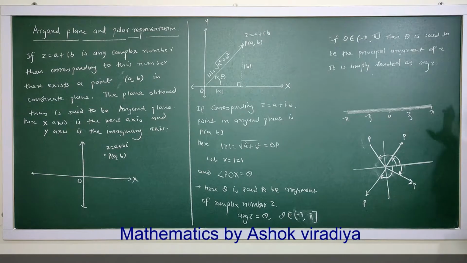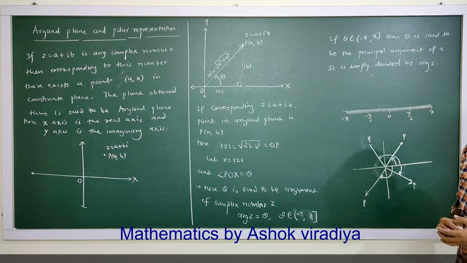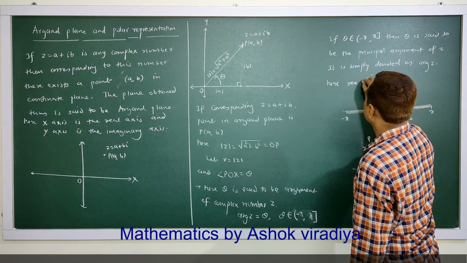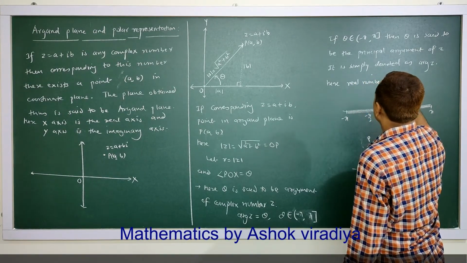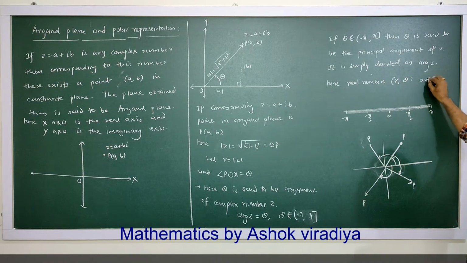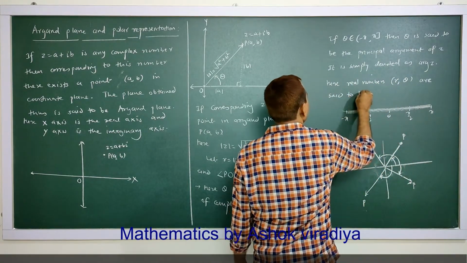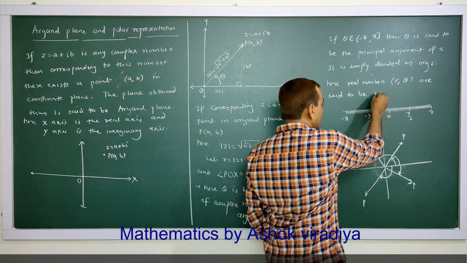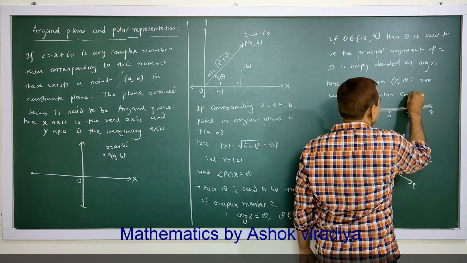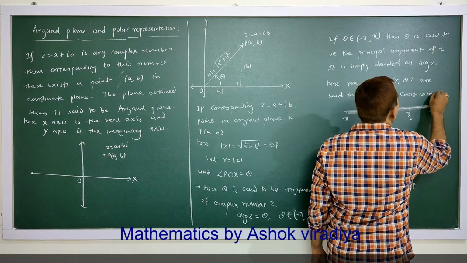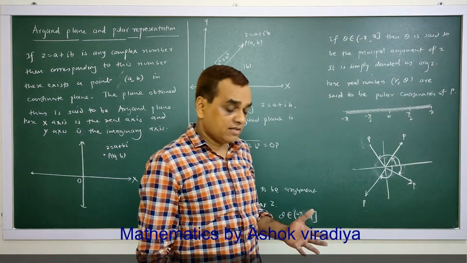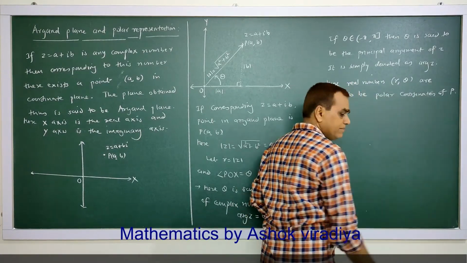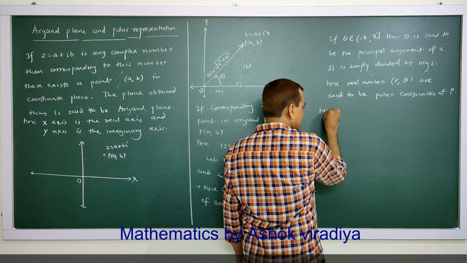Theta taken from this interval is said to be the principal argument of Z. Here the real numbers r comma theta are said to be the polar coordinates of point P. And this complex number Z equal to A plus IB can be expressed in polar form.